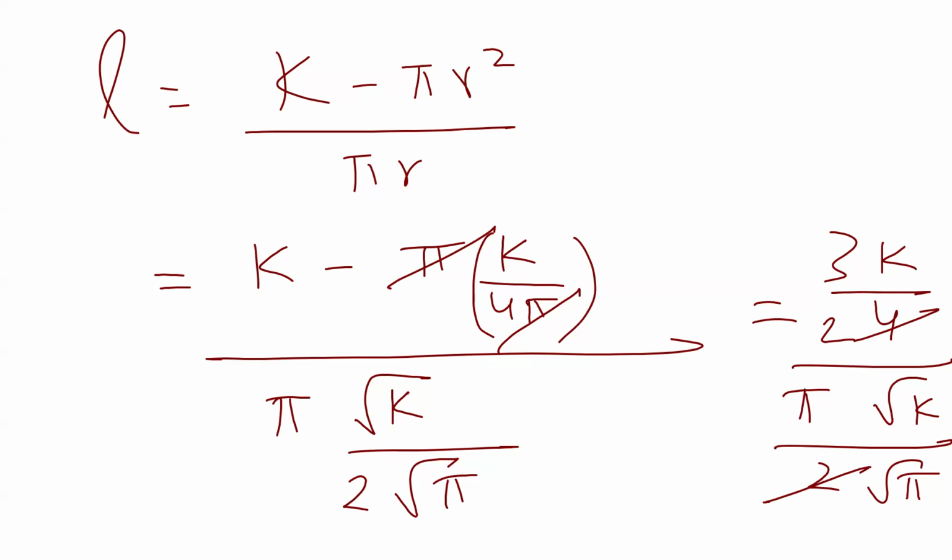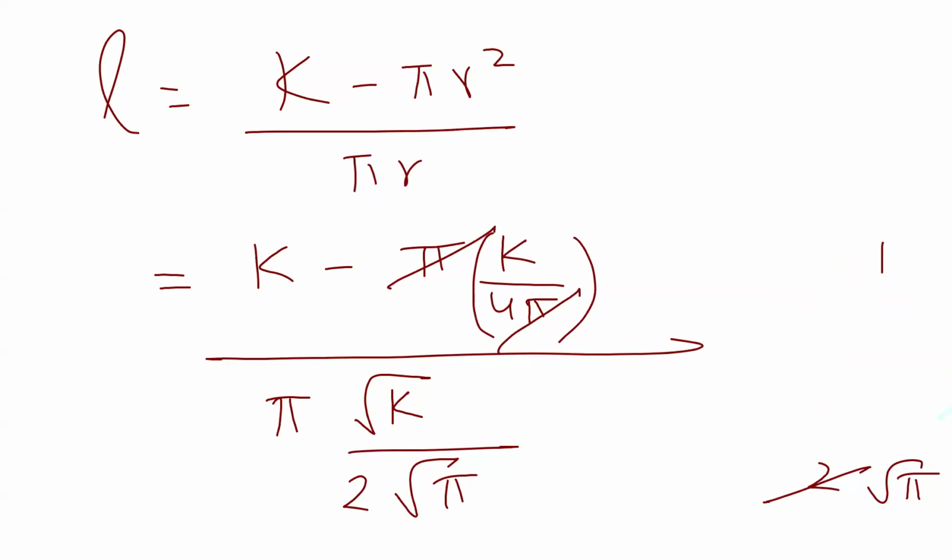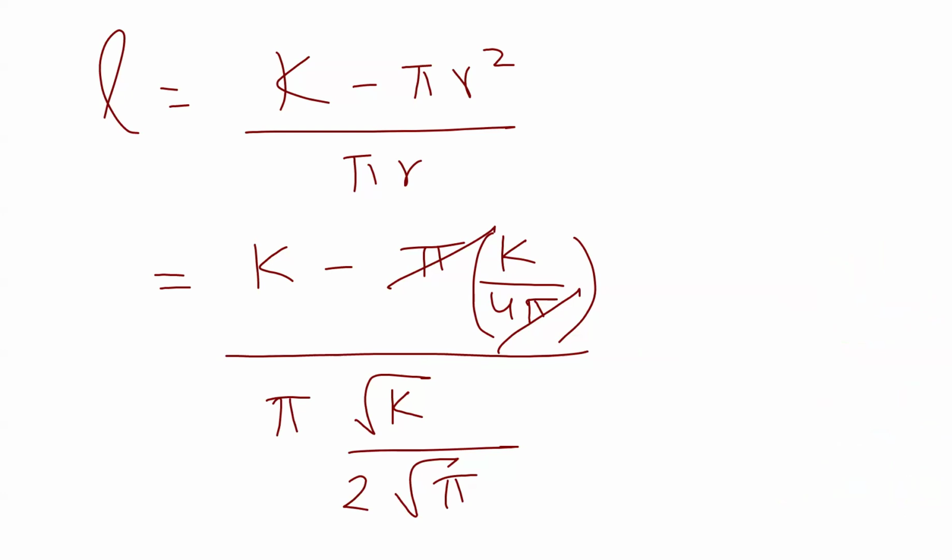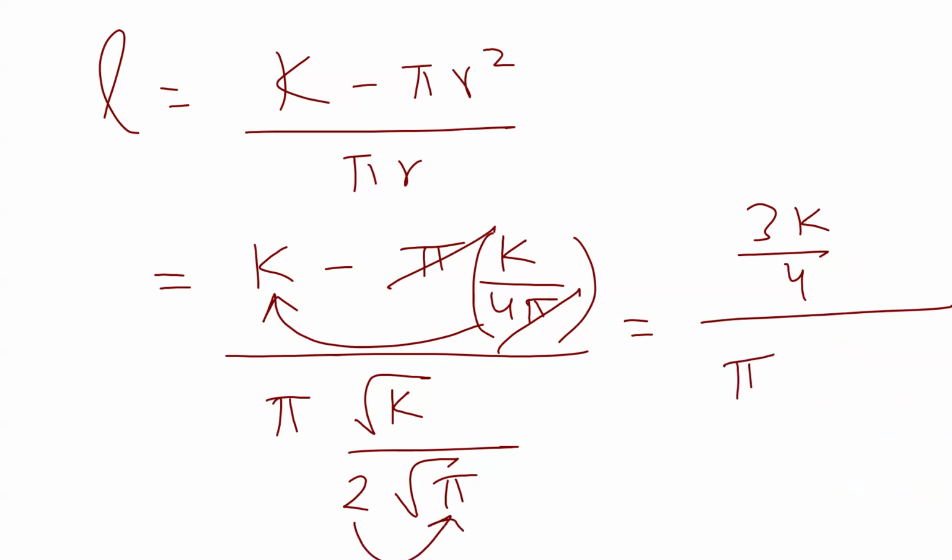Anyone? We'll do one thing. See, listen. Otherwise, this is going to be complicated. So this is 4k minus k, that is 3k upon 4. And this is pi. This 2 also I'll take within the root.